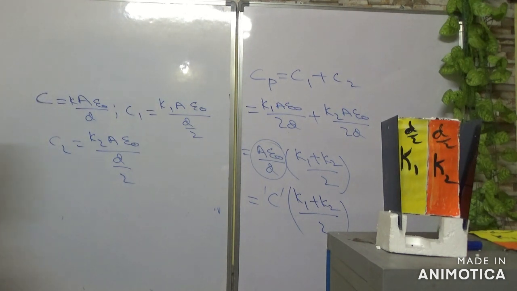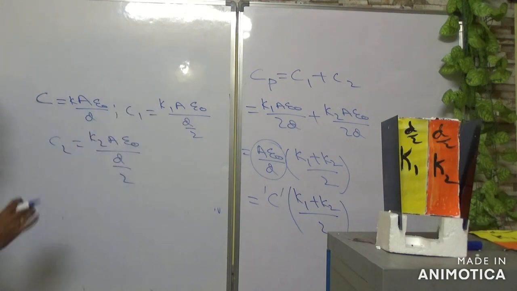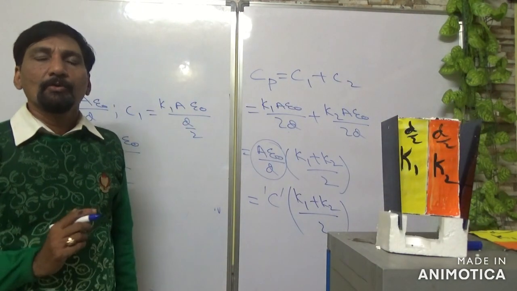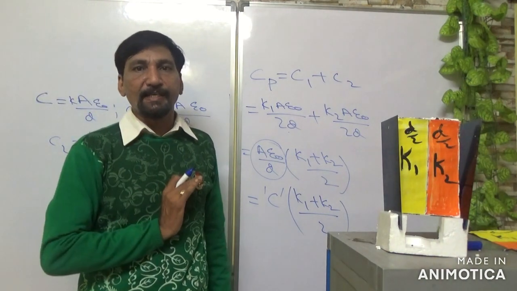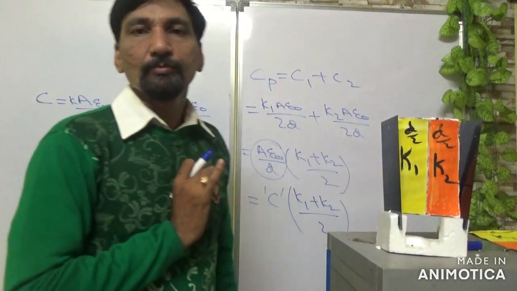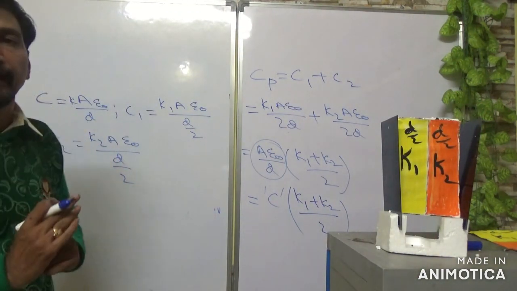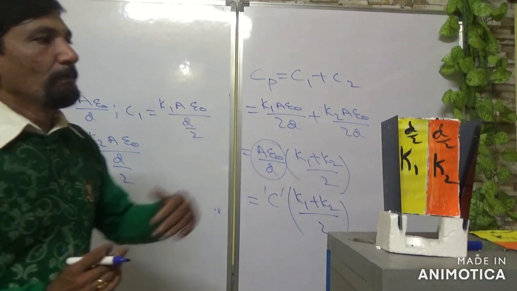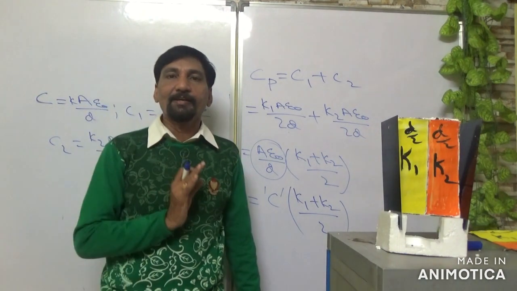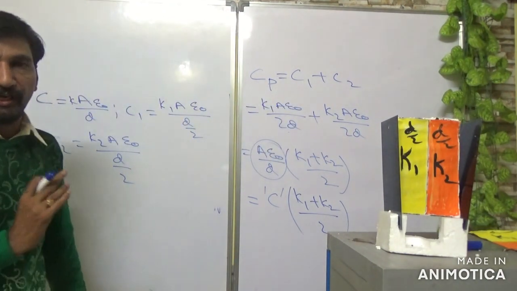Now you have to treat these as two capacitors. Remember, here only one joint is common for these two. In the previous one, two joints are the same, that is why you took parallel combination. But over here, only one joint is the same, so it's very clear that they are joined in series combination, right?